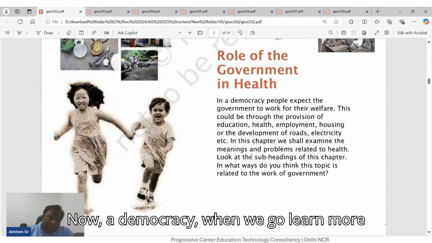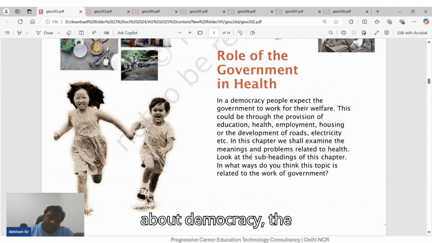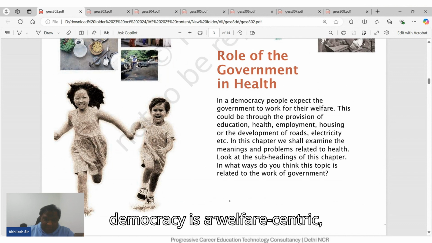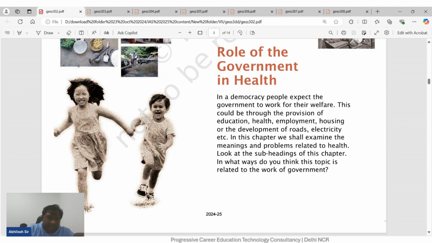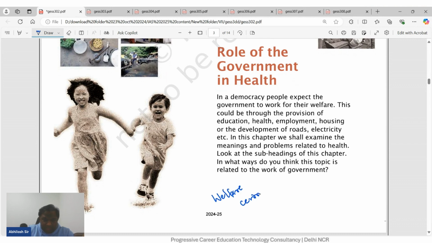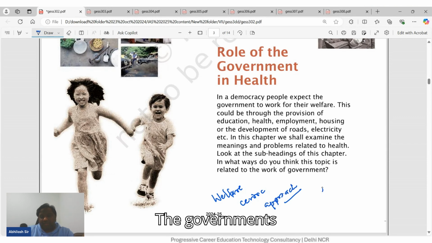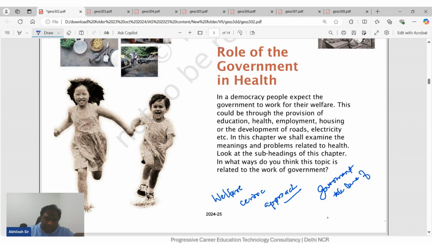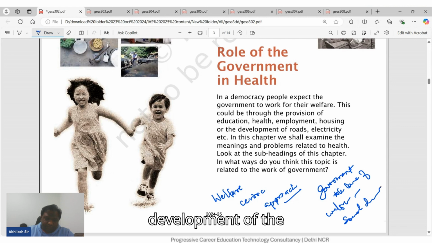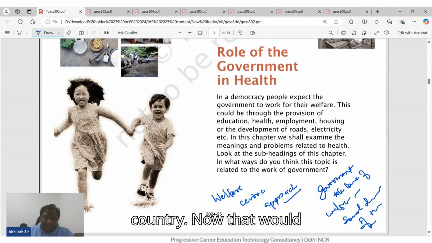Now a democracy, when we learn more about democracy, the democracy is a welfare centric approach. The governments take care of welfare, social development of the country.